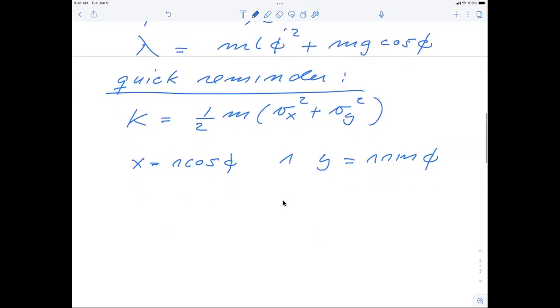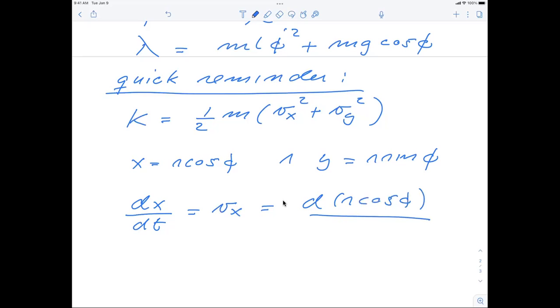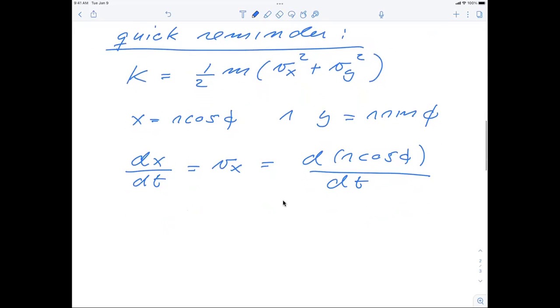So what we need is dx/dt, which is equal to v of x, and that becomes d of r, and then we would have a cosine phi, and d/dt. So we need to take the derivative of both r and the angle phi. And similarly, for y, this would now become d of r times sine of phi of d/dt.